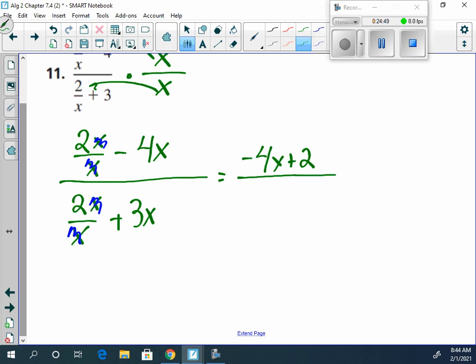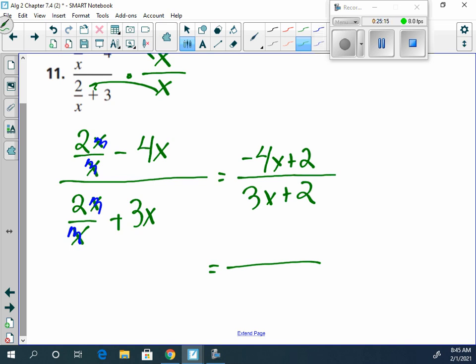That's just the mathematician in me, because I always want to put the variable first, even if it is negative. And in the denominator, it would be 3x plus 2. Yes? We can factor a negative 2 out of the numerator because negative 4 and 2.